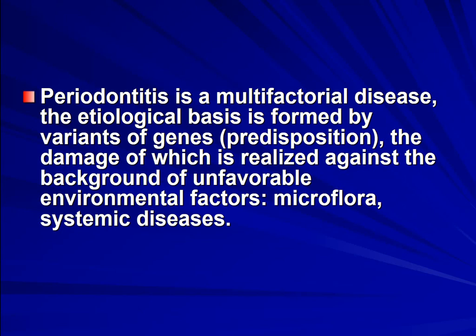Periodontitis is a multifactorial disease. The etiological basis is formed by variants of predisposition genes, the damage of which is realized against the background of unfavorable environmental factors, microflora, and systemic diseases.